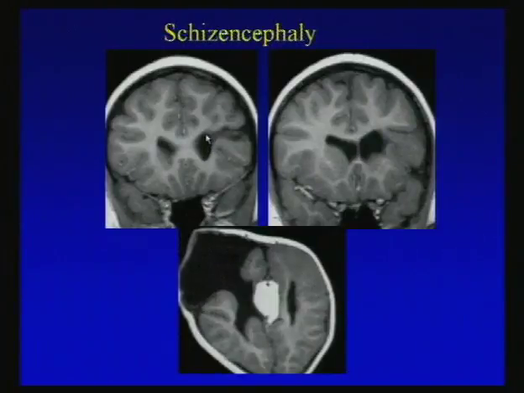In this case, again, we see that cortical dimple, the outpouching of the ventricle on the left, and we see abnormal gray matter. And in here, we will find a gray matter lined cleft, which extends from the ependyma to the pial surface. And here's a more obvious open lip type of schizencephaly in this patient.